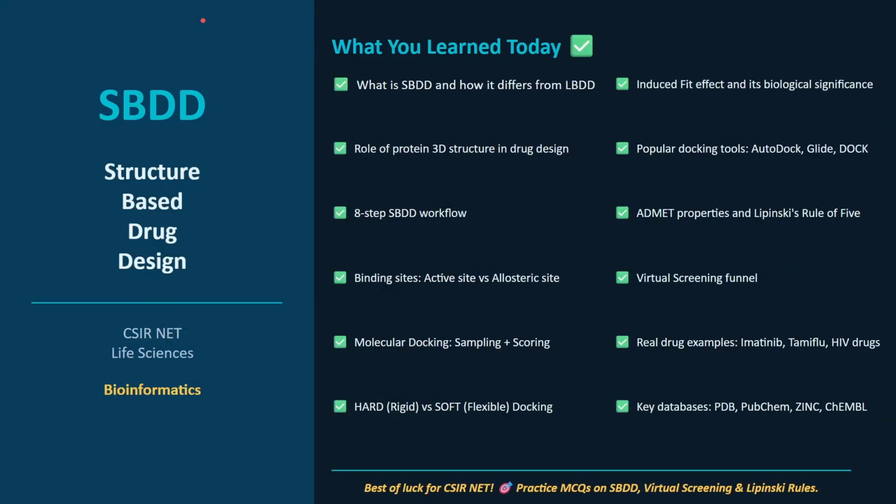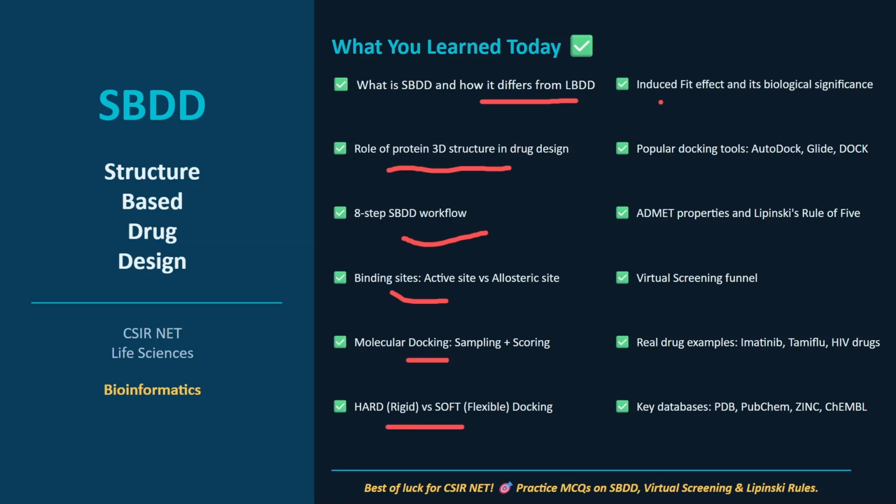Now, lastly, here is the summary. Today we covered everything about structure-based drug design, how it differs from ligand-based drug design, the role of protein 3D structure in drug design, workflow, binding sites, different types of binding sites, molecular docking, hard and soft docking.